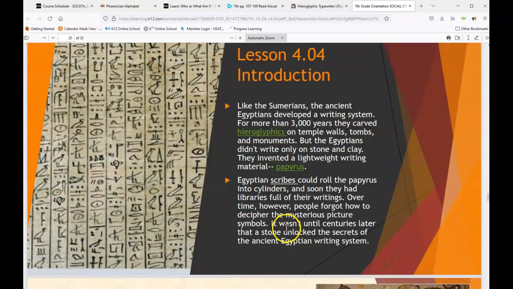So there's the introduction. Like the Sumerians, the ancient Egyptians developed a writing system. For more than 3,000 years, they carved hieroglyphics on temple walls, tombs, and monuments, but the Egyptians didn't write only on stone and clay. They invented a lightweight writing material, papyrus.